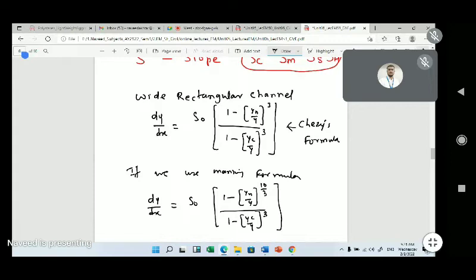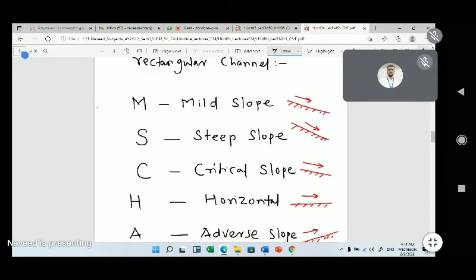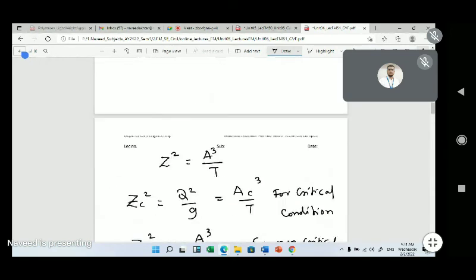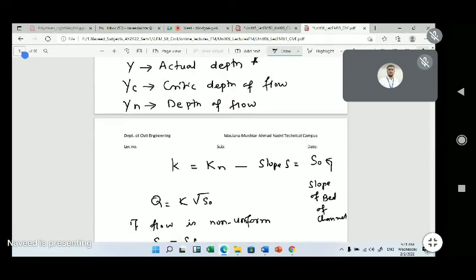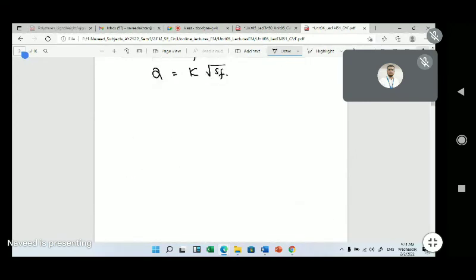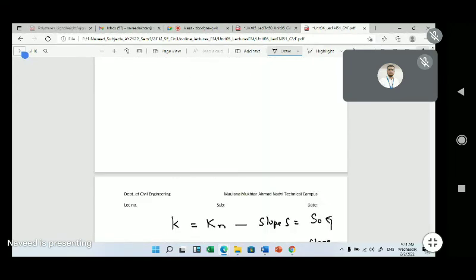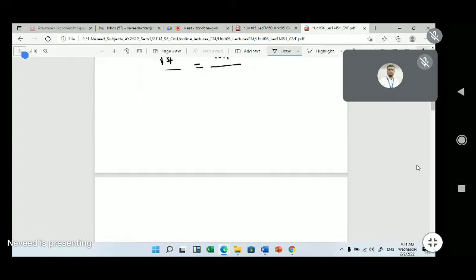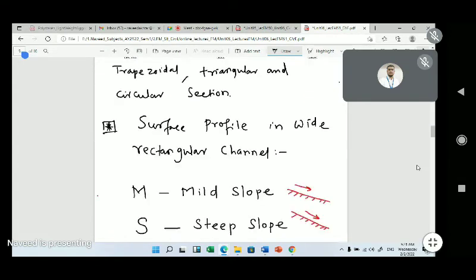This is the only difference, and I will call this equation number 6. For the wide rectangular channel, this is equation number 4. We'll use that for making the surface profile.